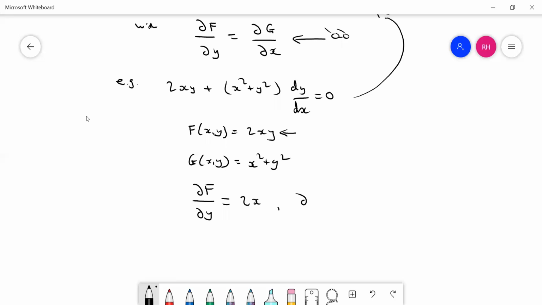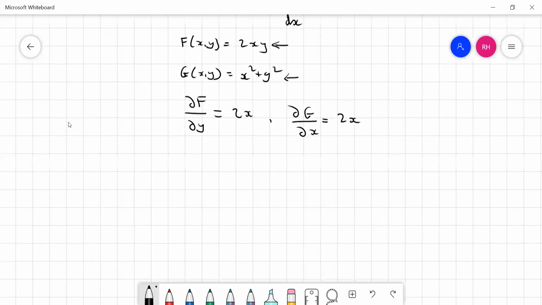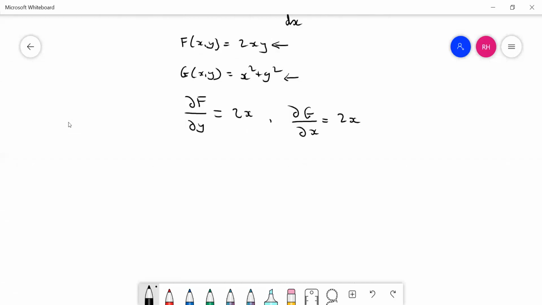And if we take the partial derivative of g with respect to x, we just get 2x. The y squared, treat it like a constant. If you took the derivative of a constant, you just have 0. So you can see that the two partial derivatives are the same, and so this is an exact ODE.